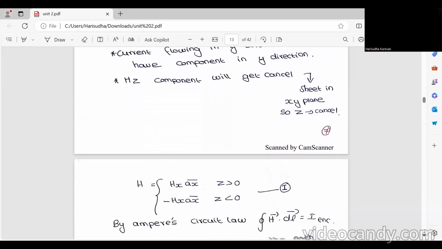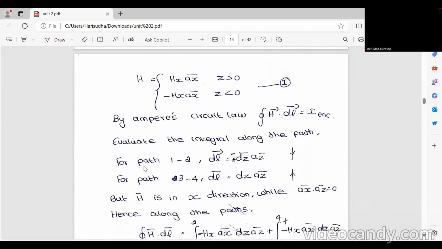Coming over here, for path 1 to 2, dl, your differential length, will be minus dz az. We know that it lies in the z equal to 0 plane. Similarly, for path 3 to 4, it will be dz az.